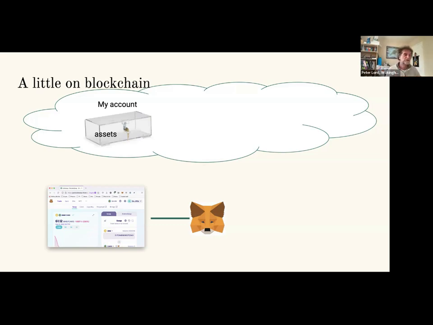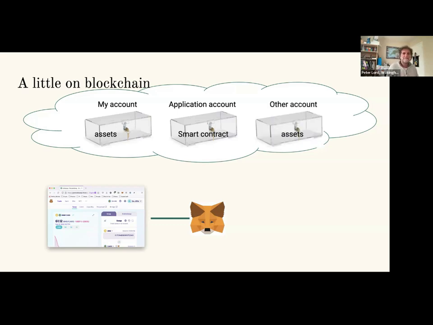Of course there are lots of other accounts on the blockchain. If you're running a Web3 application in your browser, there's probably an account assigned to that application, an application account, let's say. And there may be other accounts that belong to other people on the blockchain. Now, one thing that most blockchains support is smart contracts. This is code on the blockchain.